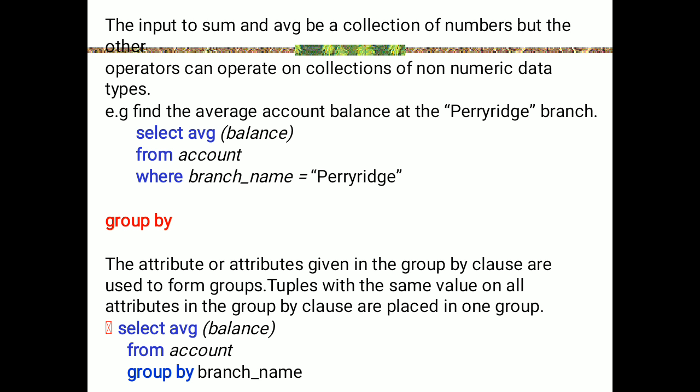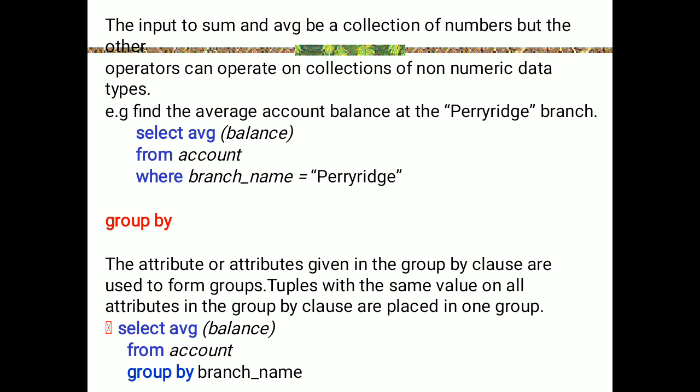So the where condition we have to apply, where branch name is equal to per each, and we want the average of balance. Balance is present in the account table. So select AVG(balance) from account where branch name is equal to per each.